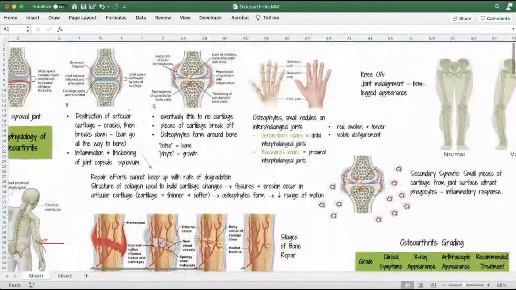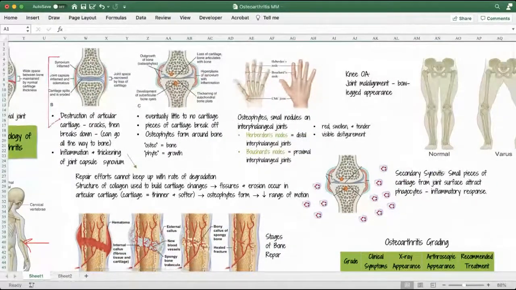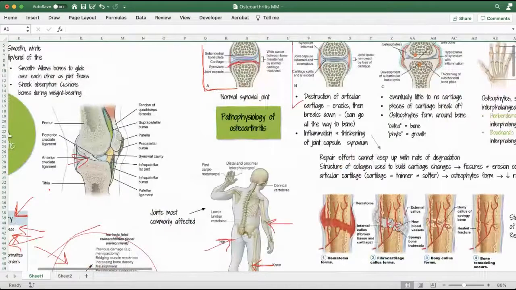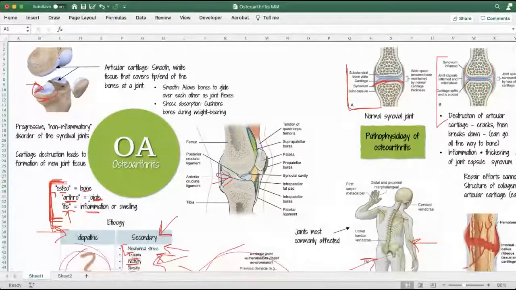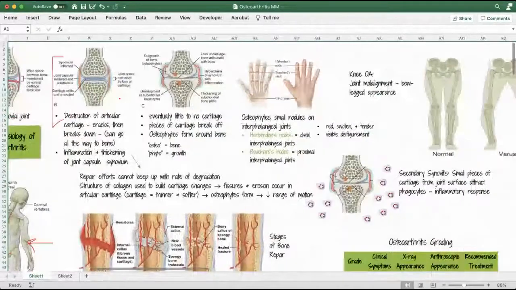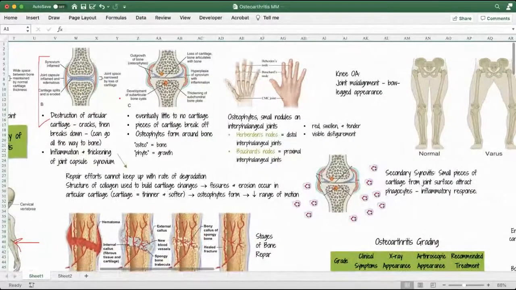Then if you move over to this B here, this is where the cartilage has started to break down, and it can form little cracks in the cartilage, almost like dry skin. Eventually it will break down. Those cracks can become large crevices, and eventually they will go all the way down to the bone.